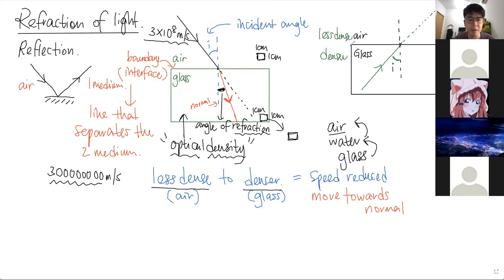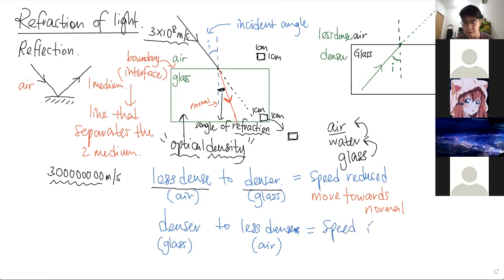What happened to the light ray? Denser to less dense, for example, like glass to air, then the speed will increase.